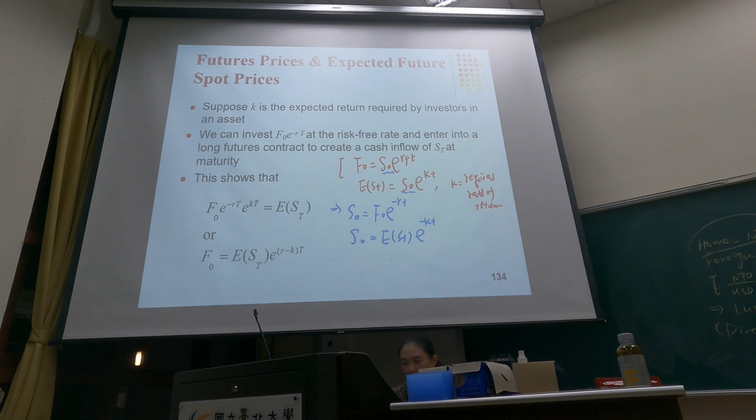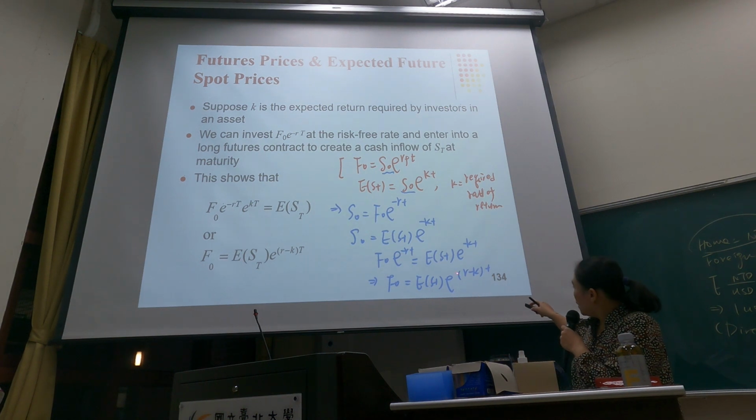So in that case, F0 e^(-rT) would equal E(ST) e^(-kT). Agree? And finally, F0 equals E(ST) e^((r-k)T). Do you see? This formula equals to here.